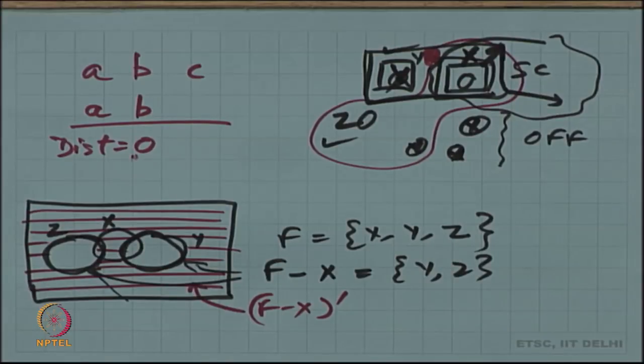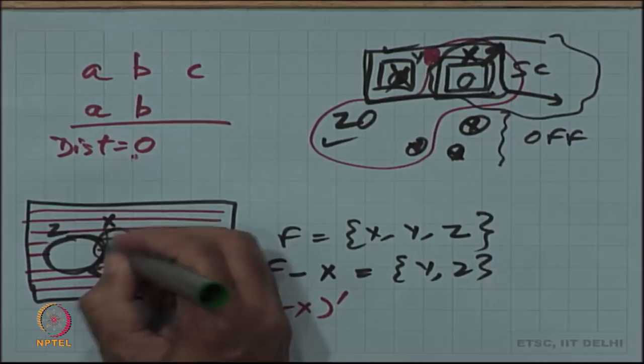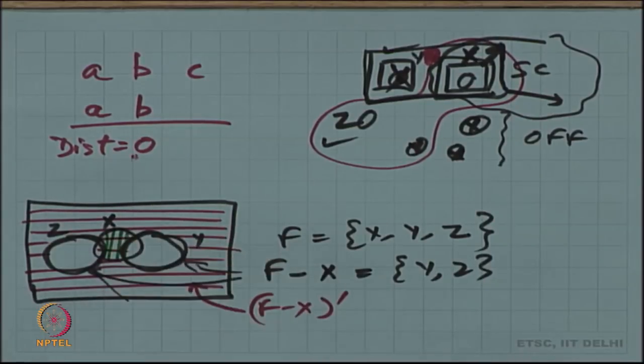So, what we are saying is that the reduced cube that we want is the intersection of x with the complement of f minus x, which gives us what? The center part. Yeah, this part of x that is not overlapping with the others. This is clear that that would be the maximally reduced cube.